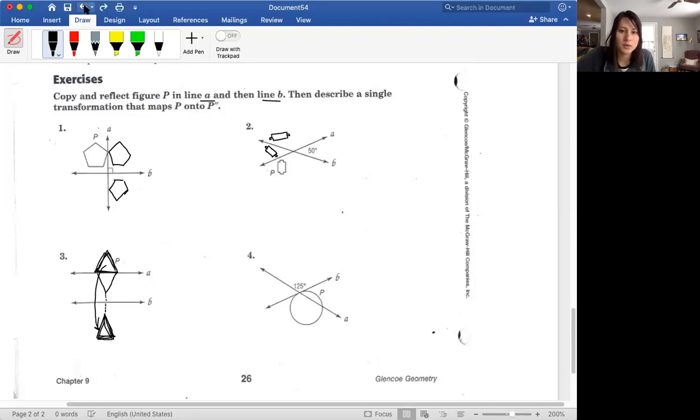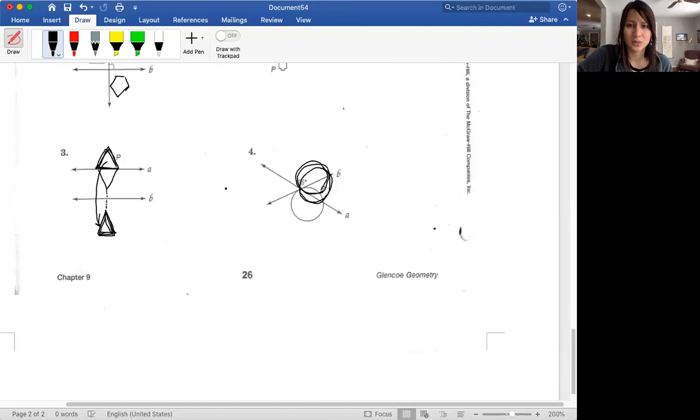So this one might be a little bit trickier, but reflecting over A would make it going like this. And then reflecting over B would kind of make it right there. It's not the greatest drawing, but it looks something like that. So not perfect, but just roughly getting an idea of what the reflection would look like.